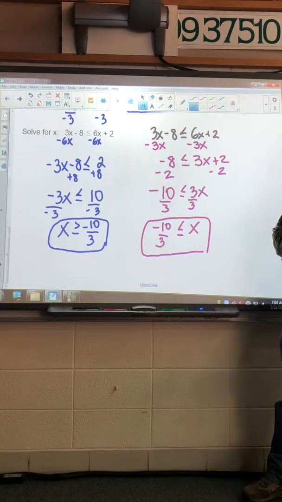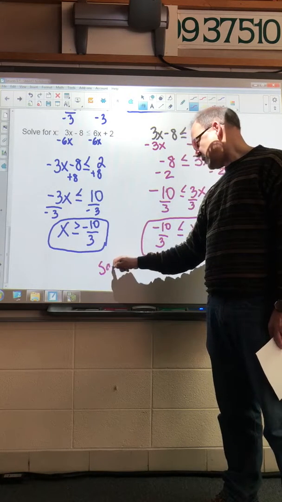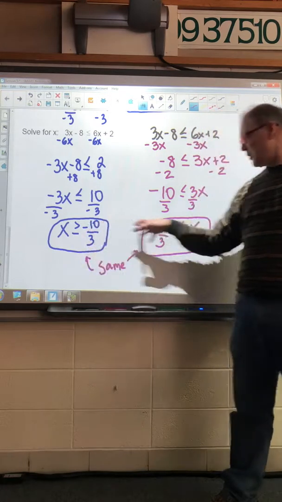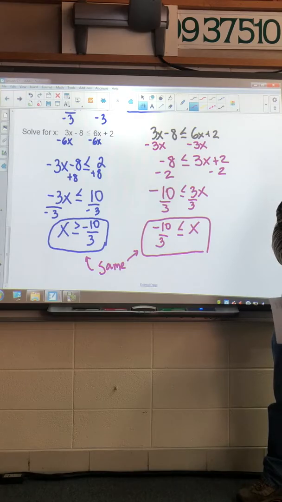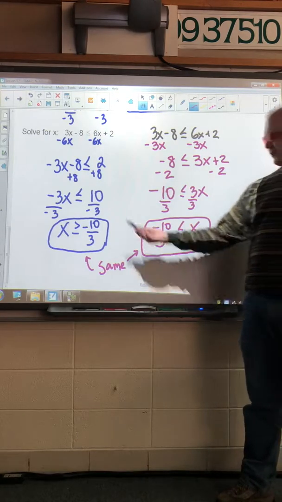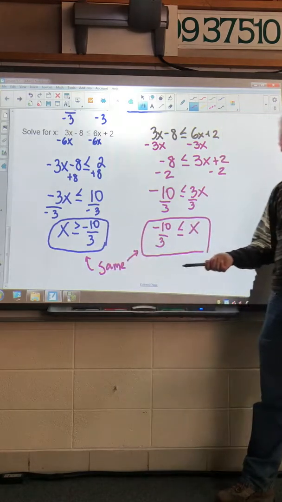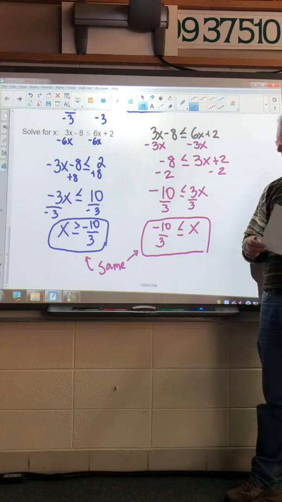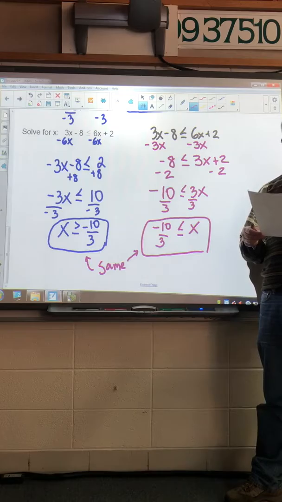But these are the same thing. So either way you write it is fine. Now if you had forgotten to flip your sign, and this was x is less than negative 10/3, then obviously that would be different. But these are both equivalent answers.